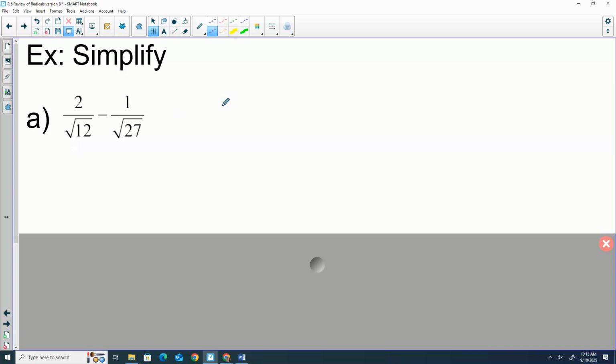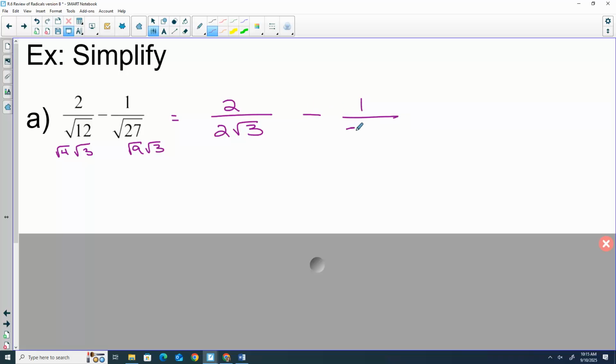12. So think back to yesterday. I need a perfect square that goes into 12. This gives me 2 over, the square root of 4 is 2 radical 3. Right, what about 27? 9 and 3.